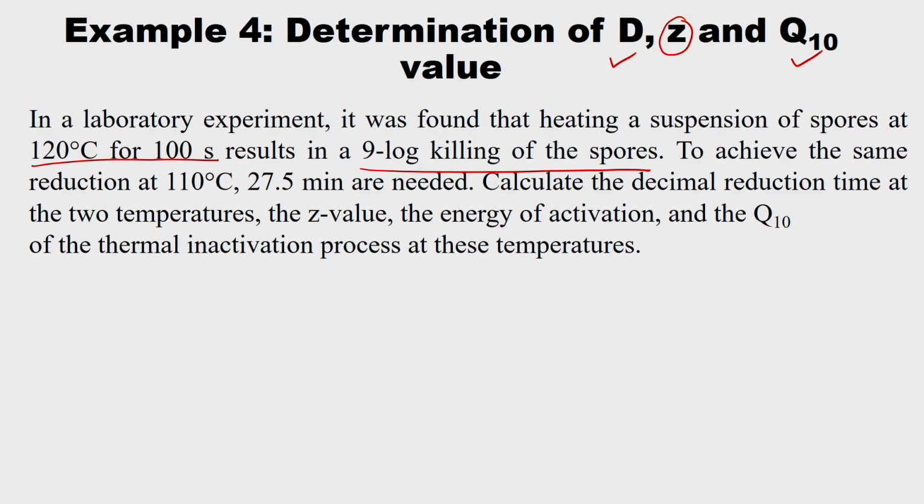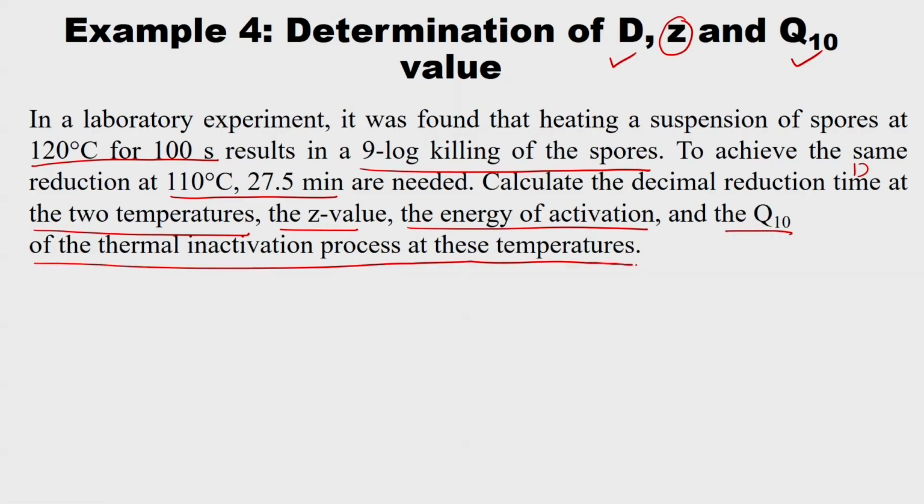To achieve the same reduction at 120, it requires 27.5 minutes. So, calculate the decimal reduction time, which is nothing but D at the two temperatures, and the Z value and the energy of activation and the Q10 value of the thermal inactivation process at this temperature, right.